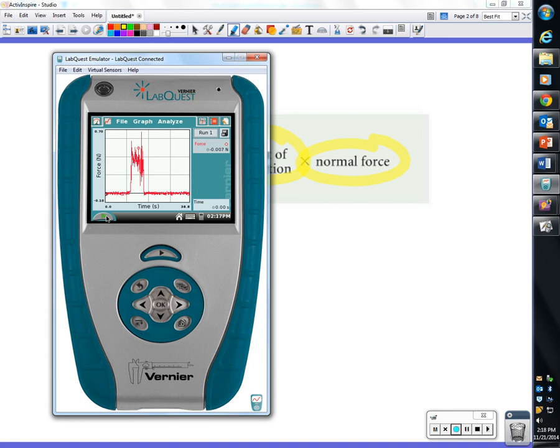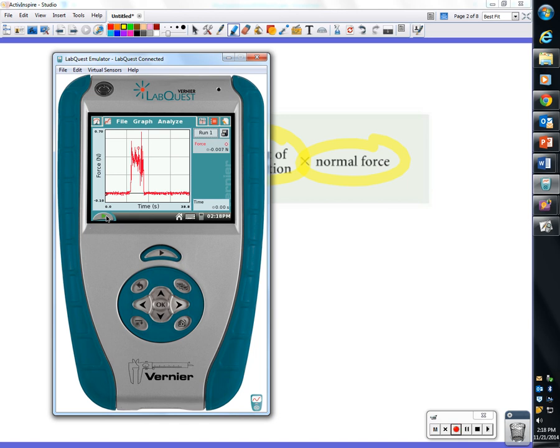So here, we're fairly consistent right around 0.5 newtons. Now, that was the force that I was applying to the block, but if we're pulling that block with a constant velocity, we know that the net force has to be 0. So if I'm applying a fairly consistent force of 0.5 newtons, that means that the frictional force has to be a fairly consistent 0.5 newtons.